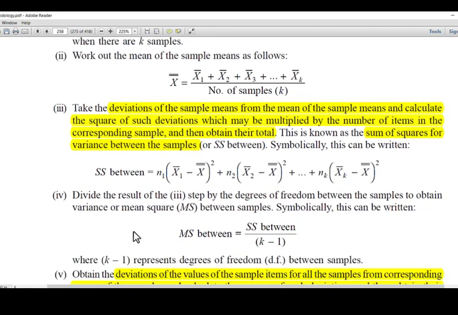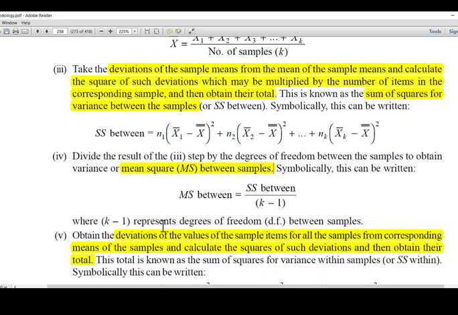And then divide the result of this third step by the degrees of freedom between the samples to obtain variance or mean square between samples. This mean square between samples is given as MS between equal to SS between by k minus 1, where k minus 1 represents the degrees of freedom between samples.